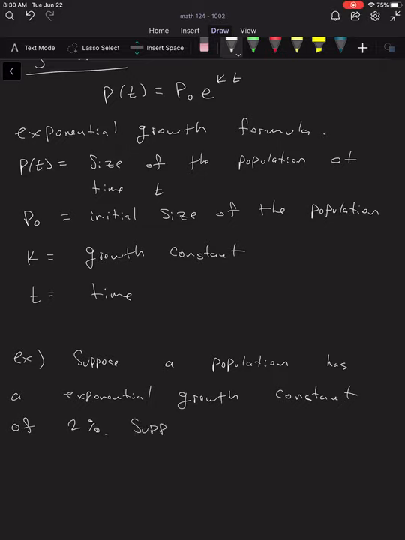Suppose the initial population is 2 million.